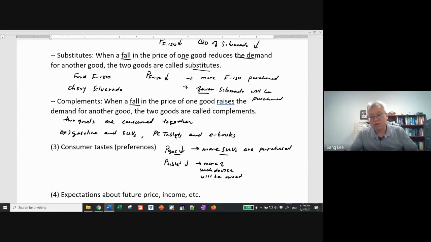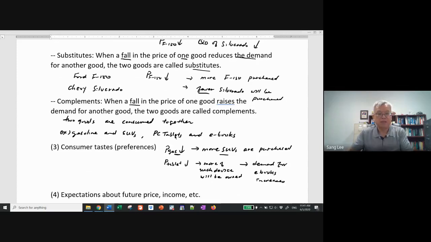More people will own such devices, and chances are more people will start reading ebooks. So demand for ebooks increases. Not necessarily because ebooks got any cheaper, even if the ebook price remains the same, but as more people own tablets, the demand for ebooks will increase.